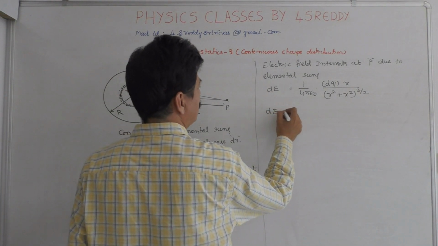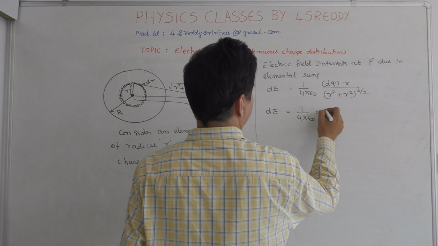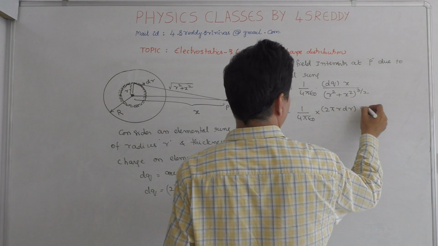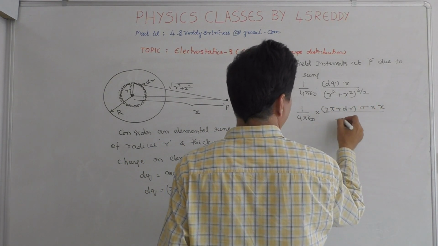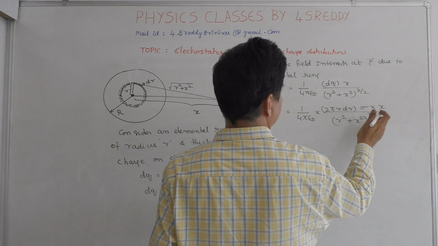Therefore, dE is equals to 1 by 4 pi epsilon naught, 2 pi r dr into sigma into x by (r square plus x square) whole power 3 by 2.